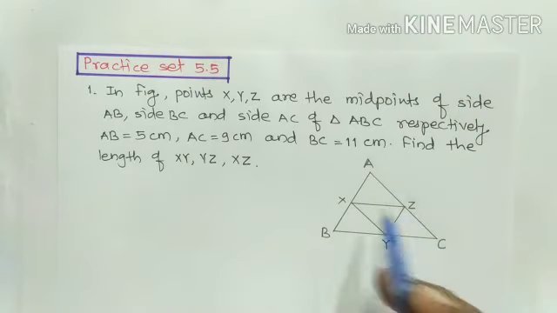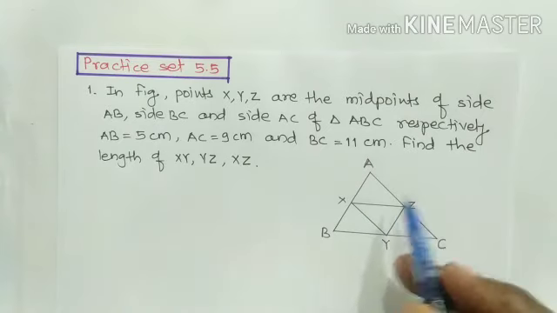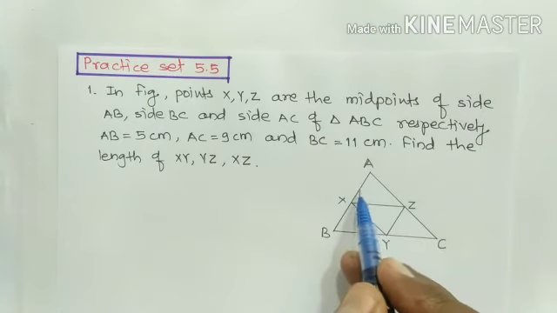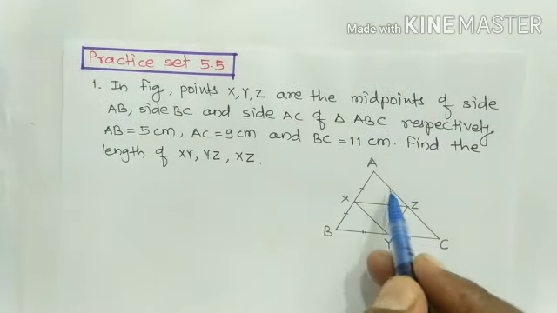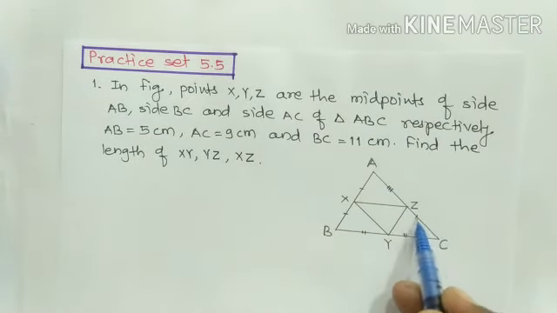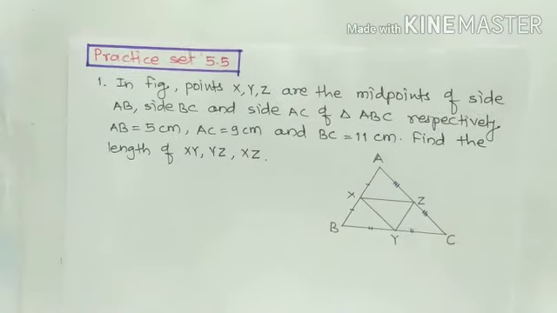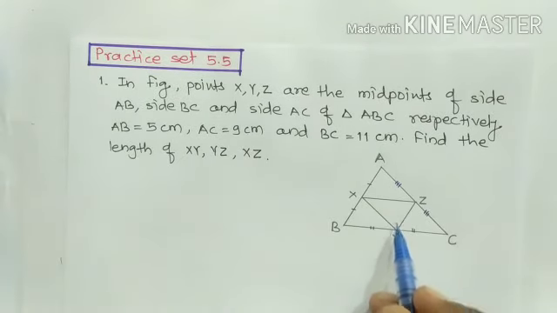Then find the length of XY, YZ and XZ. See, in triangle ABC, point X is the midpoint of side AB, Y is the midpoint of side BC and Z is the midpoint of AC. Then by using the midpoint theorem, we can easily find the length of XY, YZ and XZ, because the lengths of all these three sides of this triangle ABC are given.